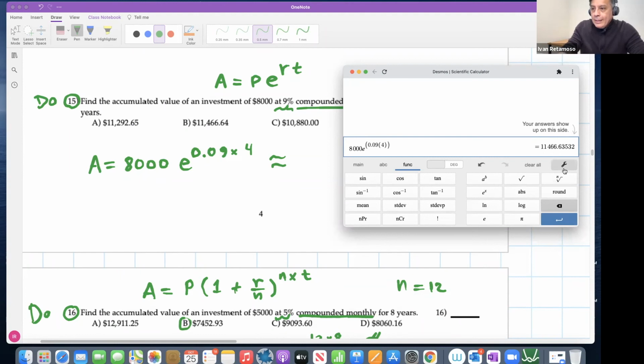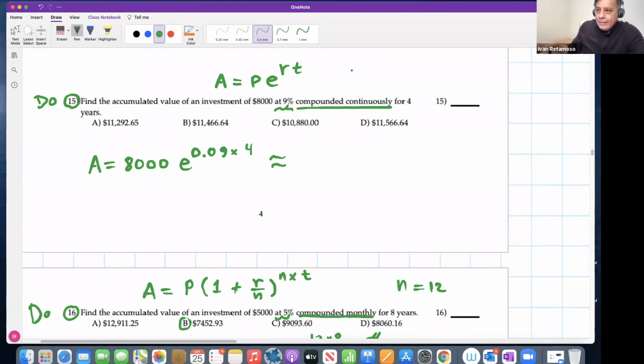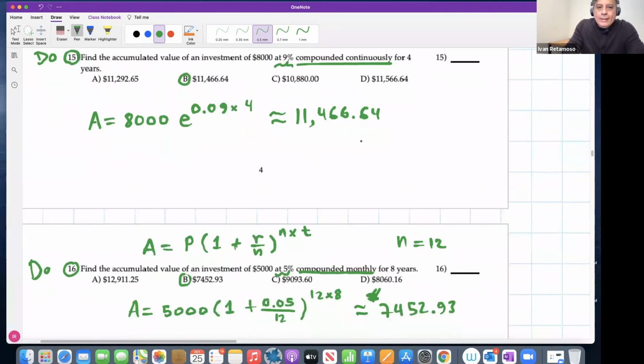I get 11,466.635. So I'm going to round it to 64, the cents. So as a result, I get 11,466.64, which is this guy, right? Yeah, very good. Try to remember this, guys, especially for special assignment 2. I think in special assignment 2, they're going to ask you to do this.